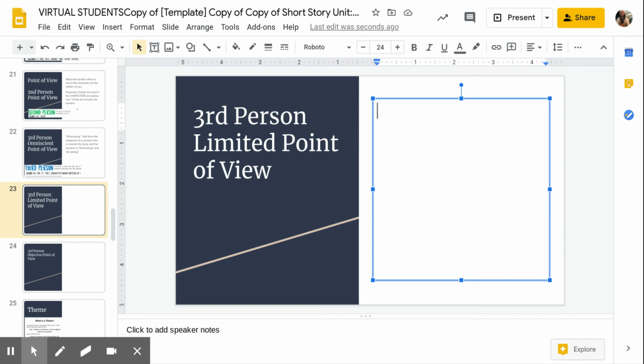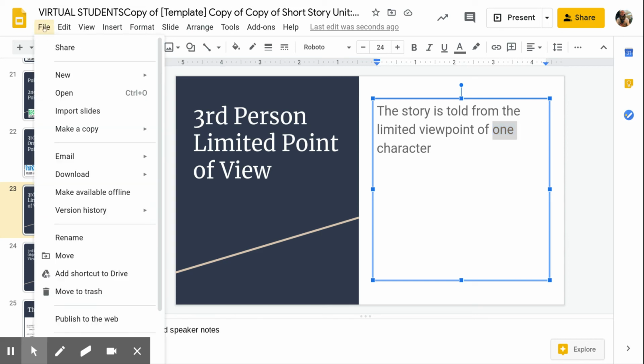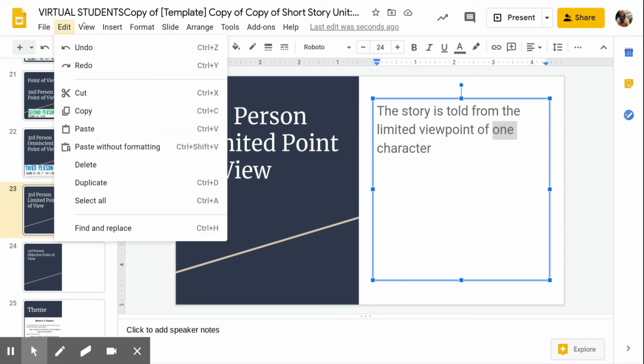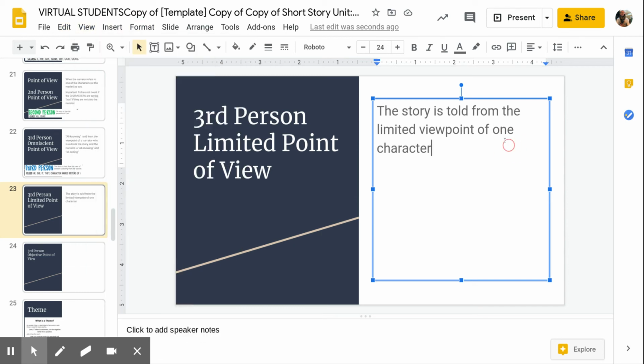Let me type this out. Sorry, if I can get my notes situated. Told from the limited viewpoint of one character. That's the important part, you all, is one character. They're not all-knowing. The narrator literally knows about one character.